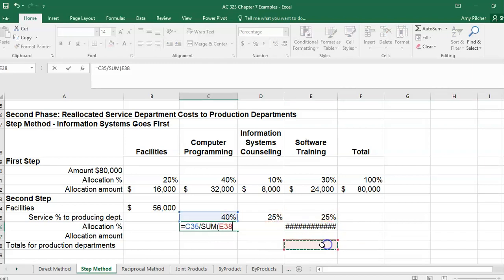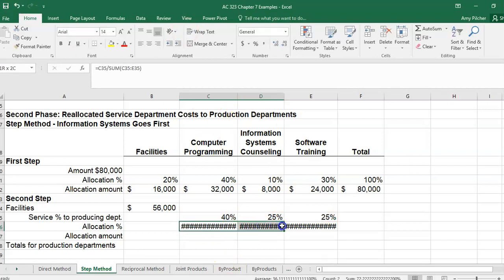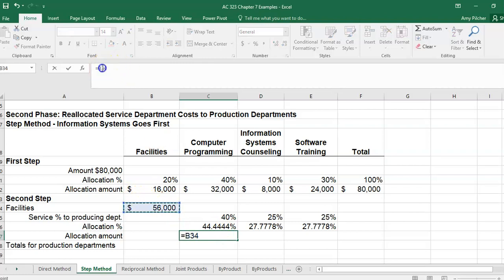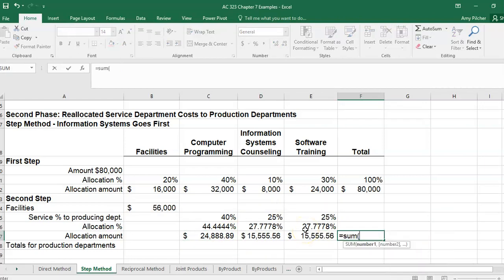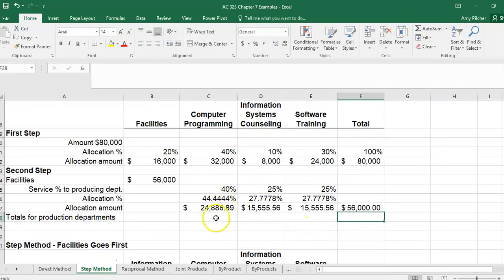Then we want them all to be a percentage with 4 decimal points. Then we allocate. We're going to allocate 56,000 from facilities times the percentage of allocation. Make sure we allocated the full 56,000.